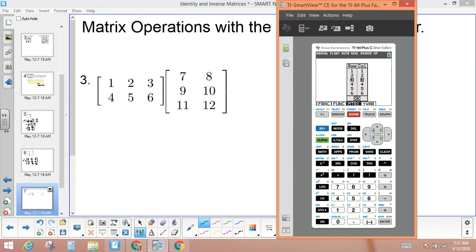You can also go to second matrix, and you'll have to go over to edit, enter it in, do second quit, and then go back to matrix, over to edit, and put in the other one. So there's a lot more steps doing it that way, but I feel like some of you may need that shown. So I'm going to show you this both ways.